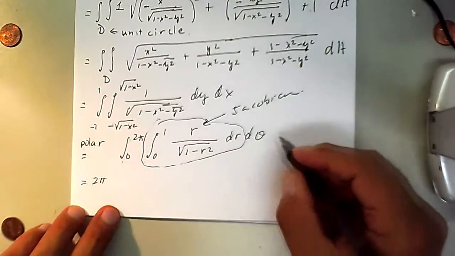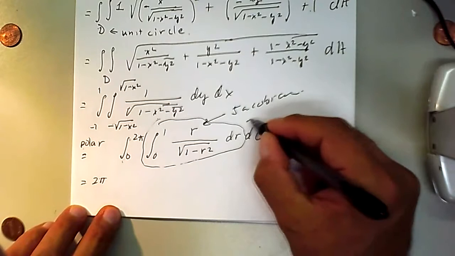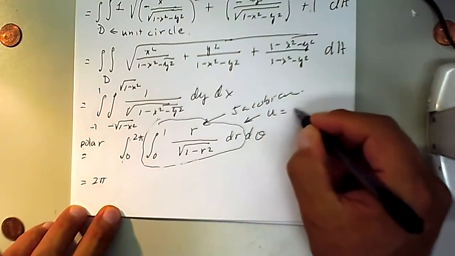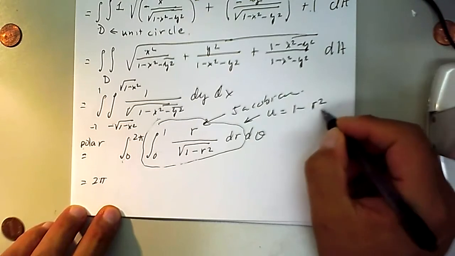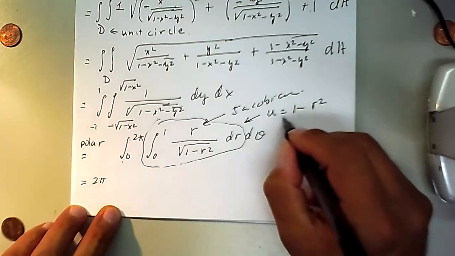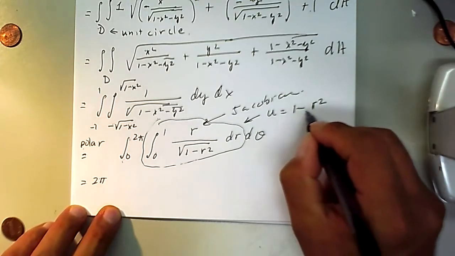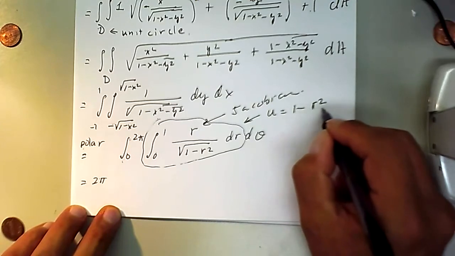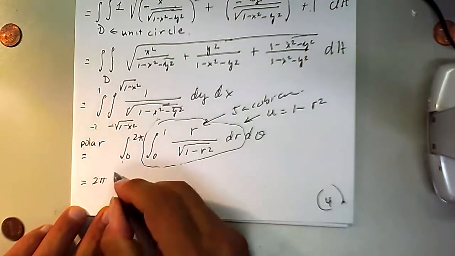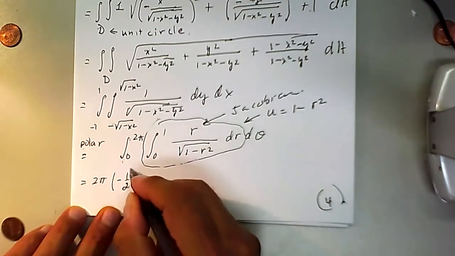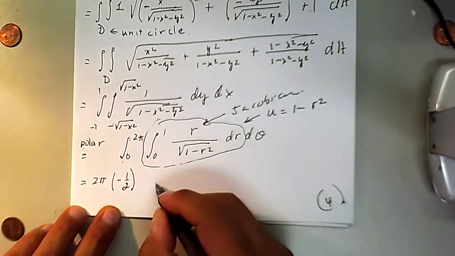For that integral itself, we're going to change the variable. We're going to use u to be 1 minus r squared. And so du is going to be negative 2r dr. We have the r and the dr, but not the negative 2, so we have to multiply by negative 1 over 2.